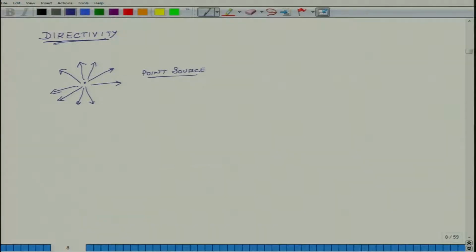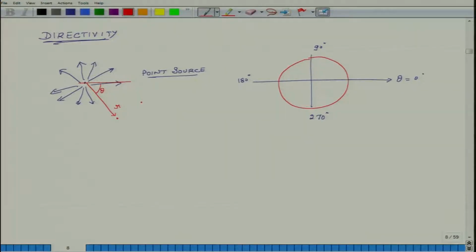At a distance r, measured using this angle theta, if I plot the polar pattern, so this is theta equals 0 degrees, this is 90 degrees, this is 180 degrees, and this is 270 degrees, and at a distance r, if I plot the sound pressure level, I can measure it at this location or this location, at different locations, but the r remains the same.